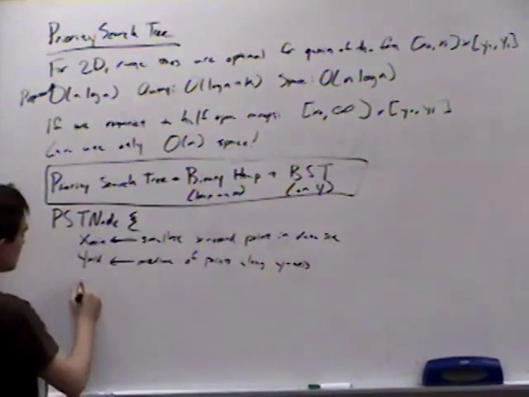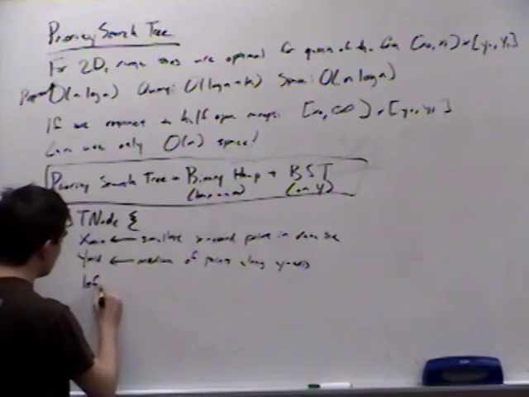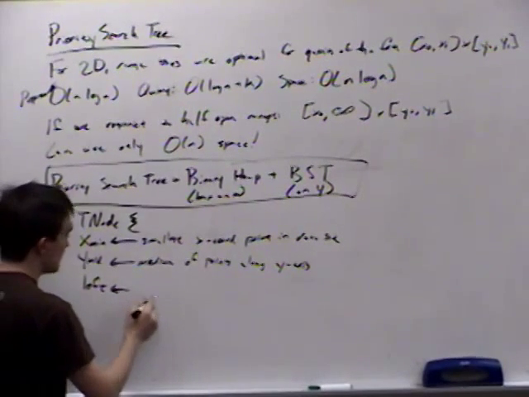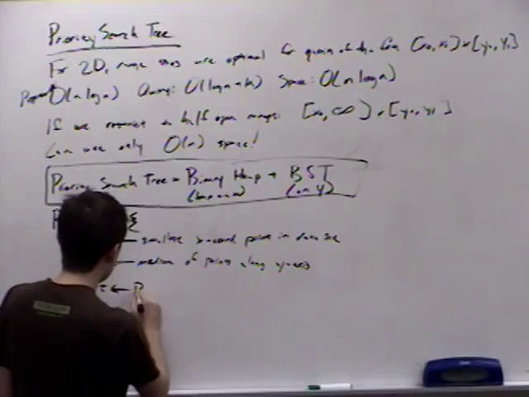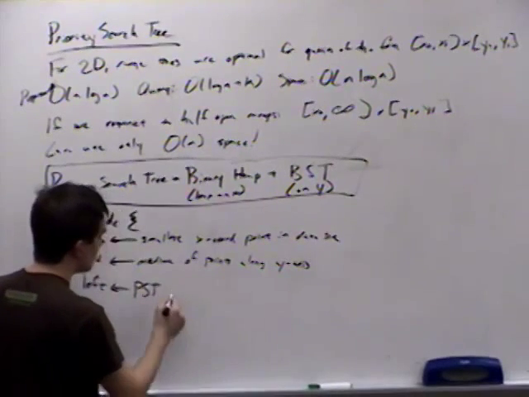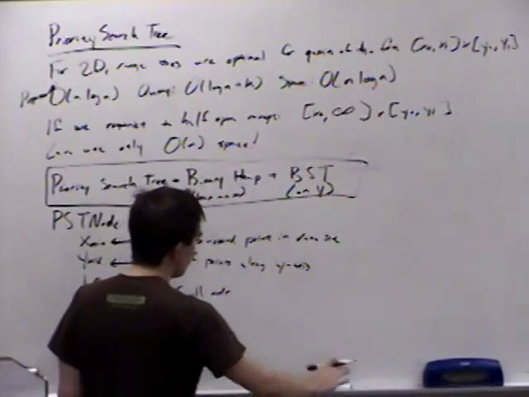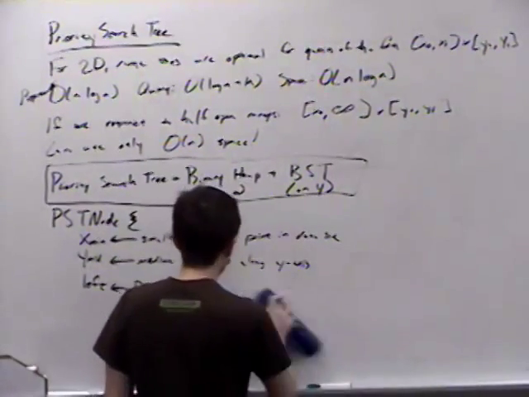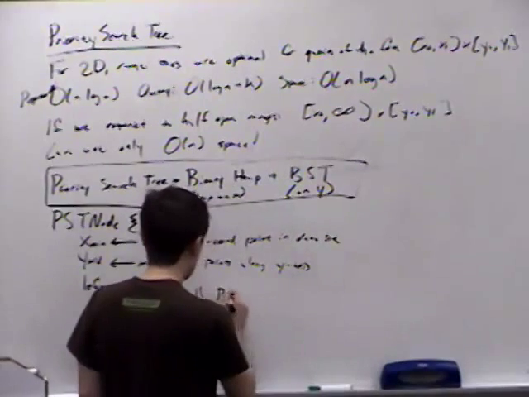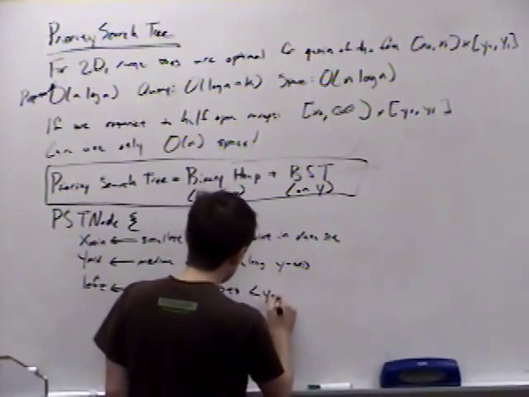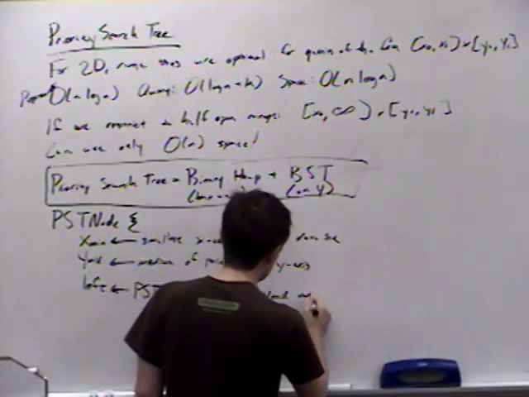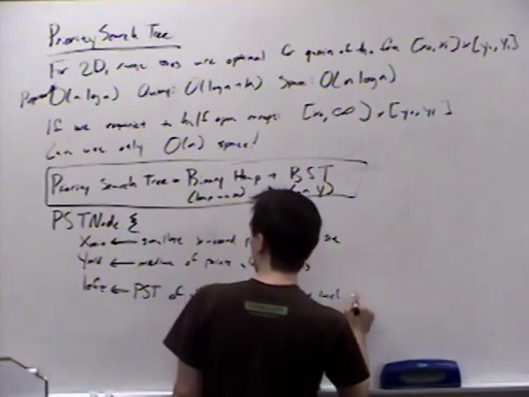And then we're going to store a left child, which will be a priority search tree of all points less than ymid, not including xmin.